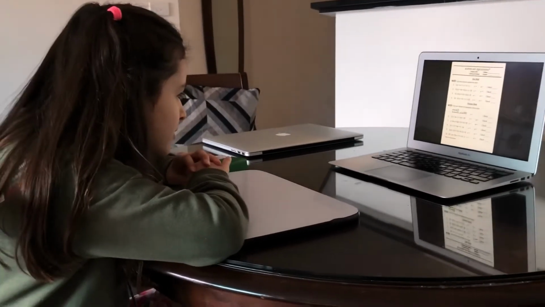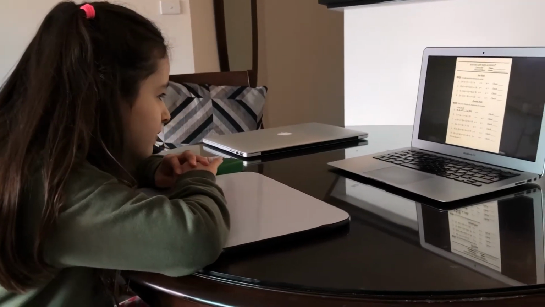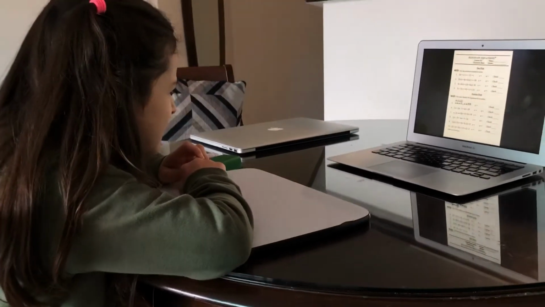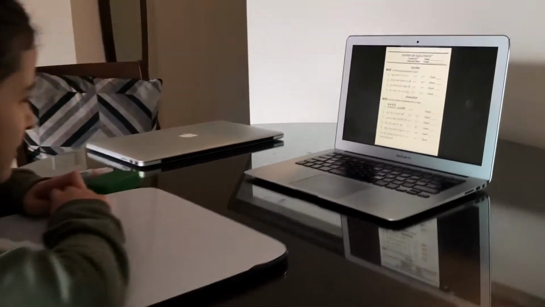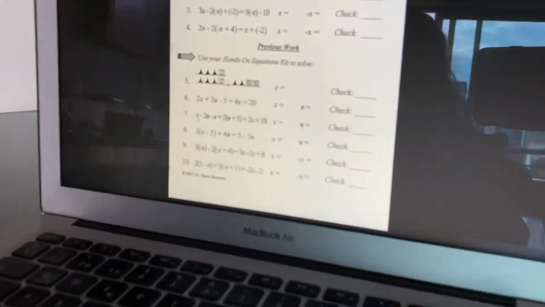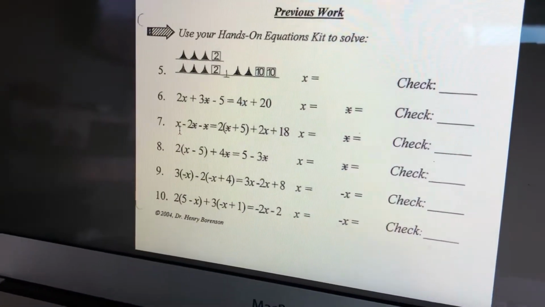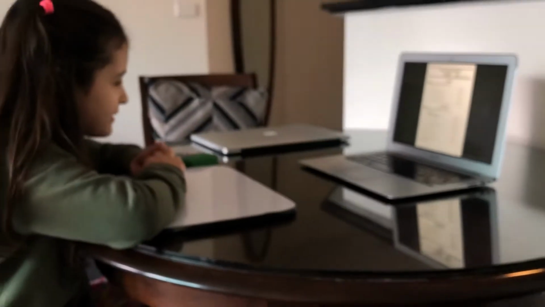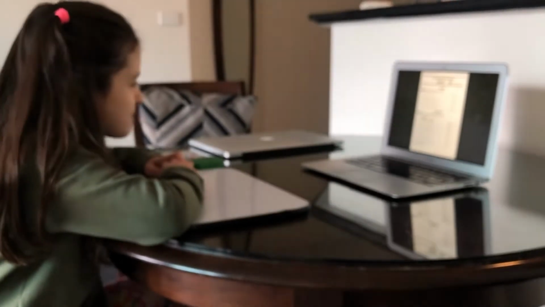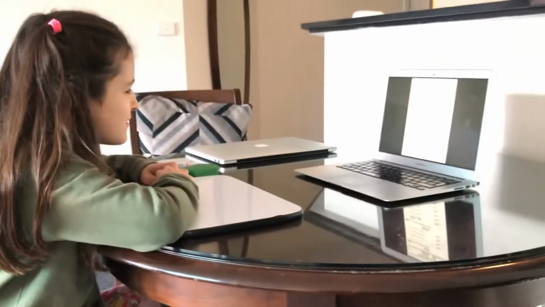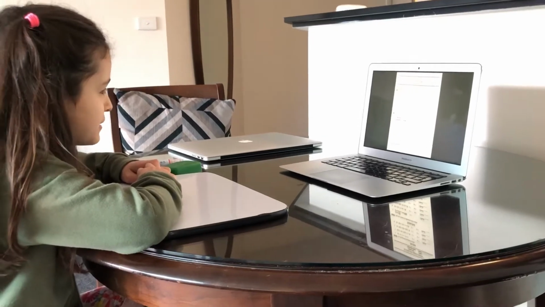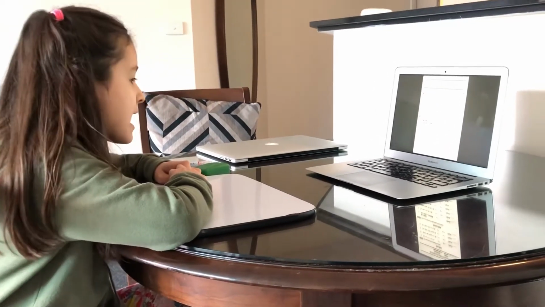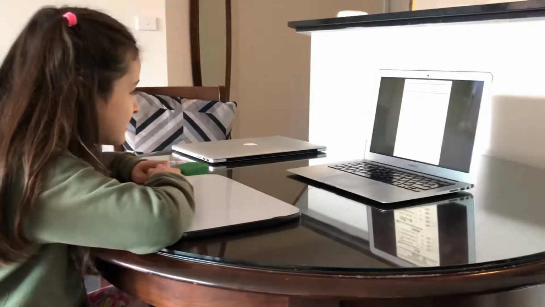So I can remove one x in both sides, and I will have x plus negative 8 is equal to 3 negative x's minus 8. And that is equal to 8. So I can add an 8 in both sides.